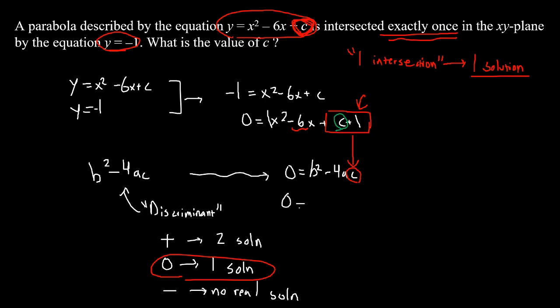So 0 is going to be equal to -6 squared minus 4 times 1 times c plus 1. And this means that 0 is going to be equal to 36 minus 4 times c plus 1.